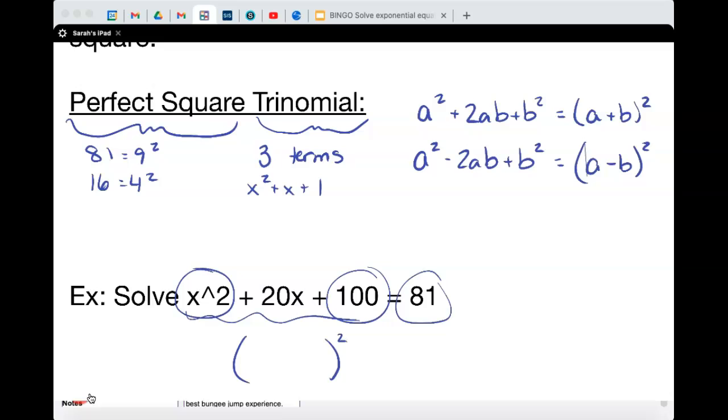Does anybody know what's going to go inside this parenthesis? x plus 10. So for the first term you just square root it. The square root of x squared is x. The square root of 100 is 10. That's where we got those lovely numbers. If you distribute this out, x plus 10 times x plus 10, you get back that 20.